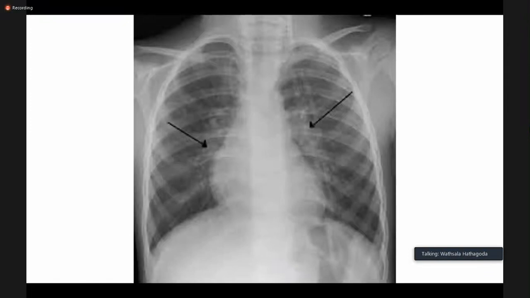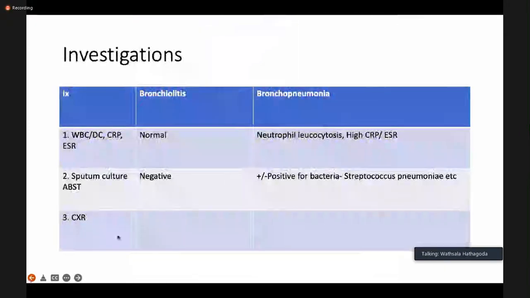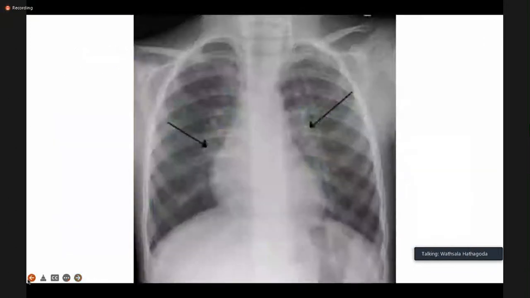Whereas in pneumonia, what would you see? If it is a lobar consolidation, madam. Yes, if it is lobar pneumonia or bronchopneumonia, on the other hand, you might see consolidation. So you should be able to tell at least what features you would expect to see in certain conditions.